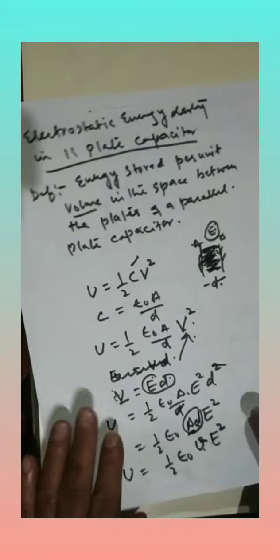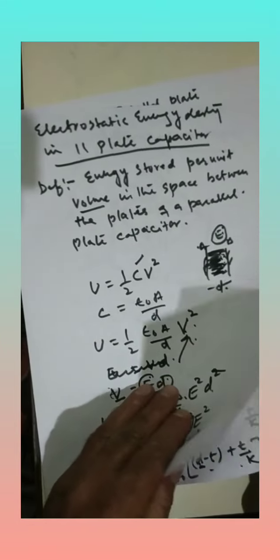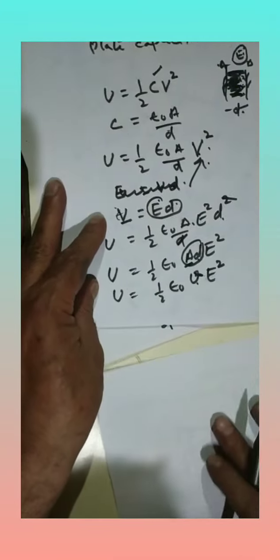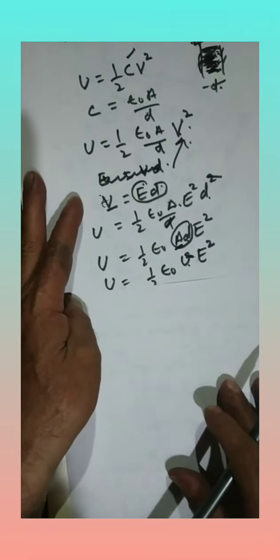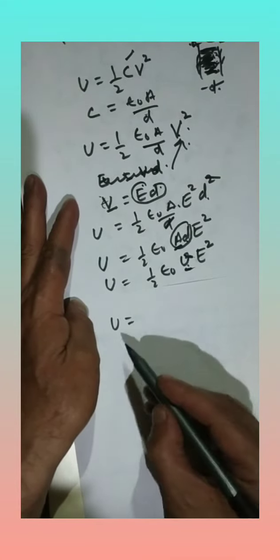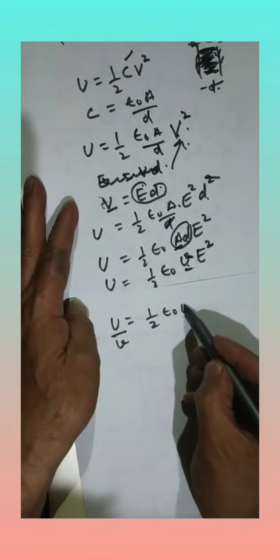Now we have U is equal to, this v we bring here, dividing by v, and what is left is 1 by 2 epsilon 0 E square.